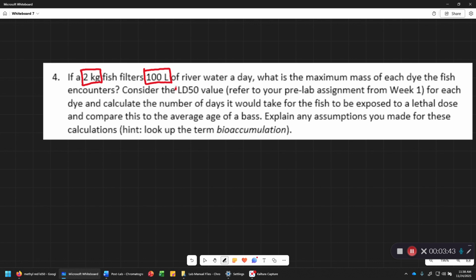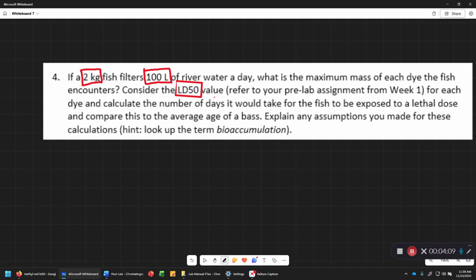LD50, if you remember, is the dose that it takes to kill a population of 50% of the organisms that are exposed to this dye. It's the concentration of it. And so essentially what we're figuring out is whether the amount of dye in the water sample is going to be lethal to the fish.